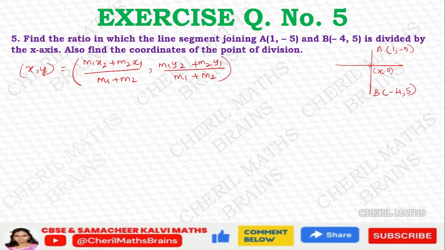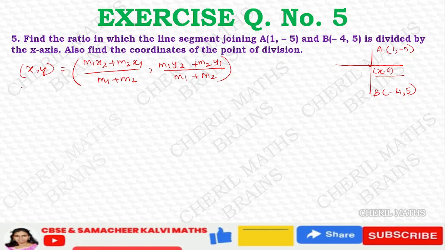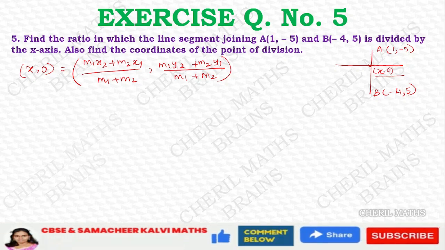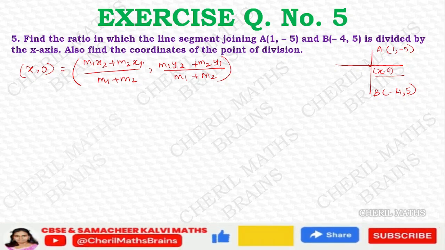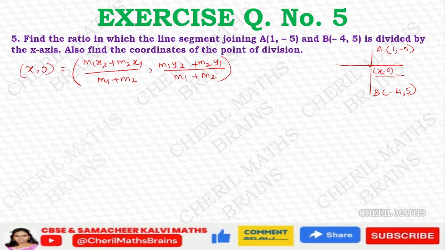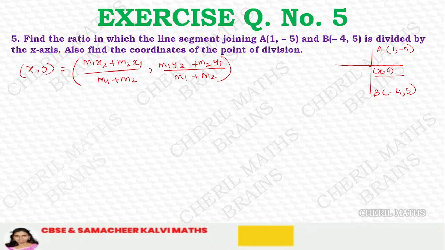Here, instead of x comma y, the value is going to be x comma 0. So instead of y we have 0. We know what x2, x1 and the others are, as all these values are given here.